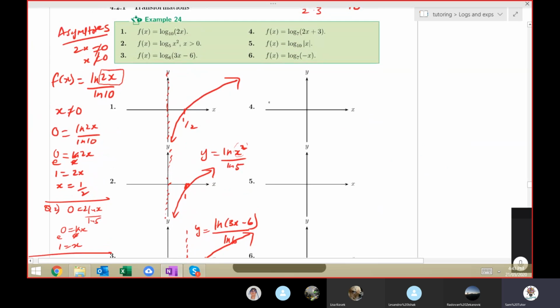Let's see. Question 4. Question 4 is log 2x plus 3. So y equals ln(2x plus 3) on ln 7. Okay, step 1.